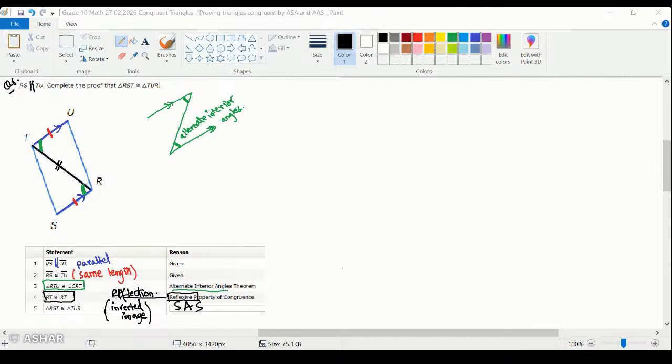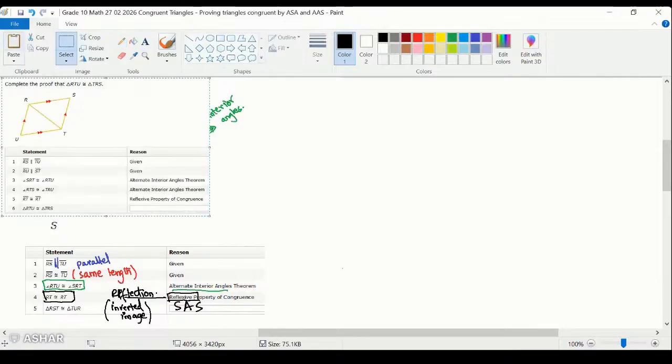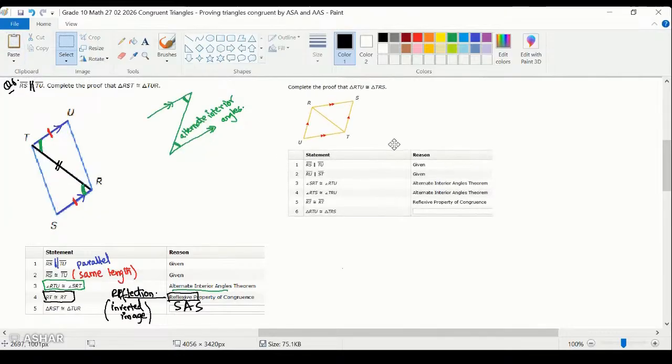Let's look at the next question. The next question says, prove that these two triangles are congruent to each other such that the given information is, question number 7.